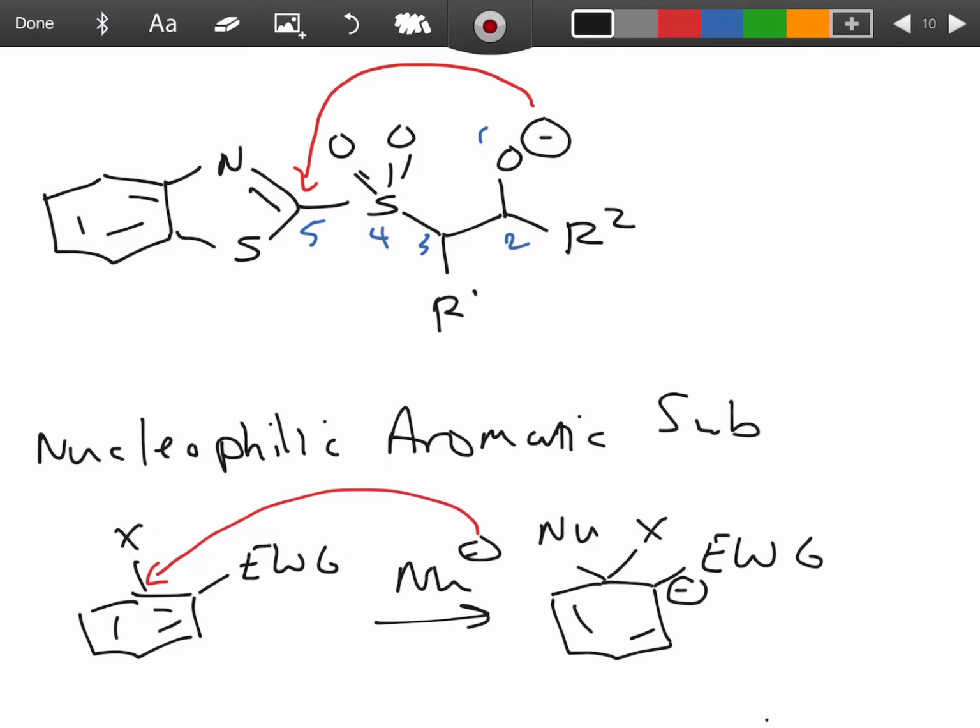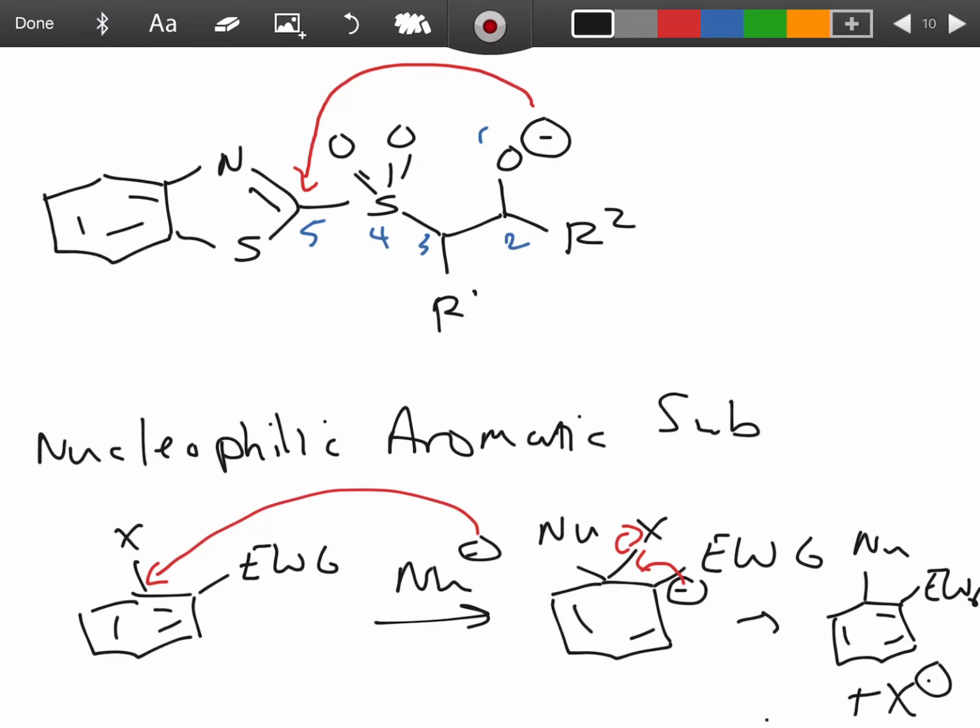It pushes the electrons onto the ring, and then those electrons come back down, kick out the X group as our leaving group, and we end up with the electron withdrawing group and our nucleophile on, plus we have our X minus.